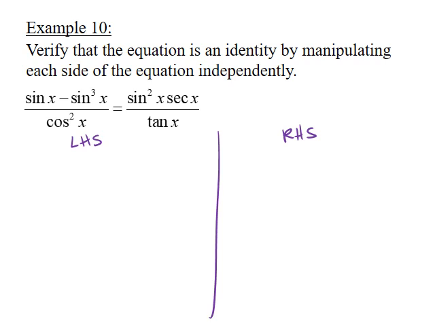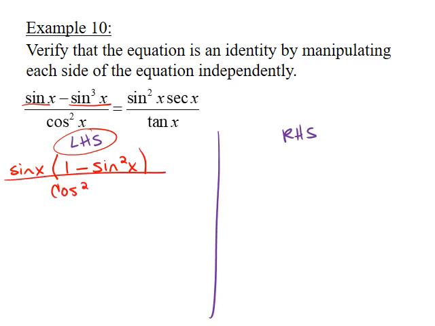So I'm going to start with the left-hand side. Looking at this, I see that I can factor out a sine of x. And I'm left with 1 minus sine squared of x all over cosine squared. Now hopefully that red flag went up and you thought to yourself, oh, this is a Pythagorean identity.